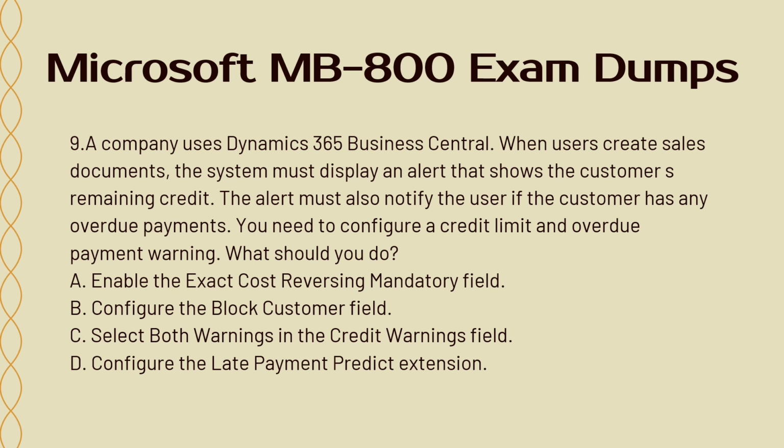What should you do? A. Enable the exact cost reversing mandatory field. B. Configure the block customer field. C. Select both warnings in the credit warnings field. D. Configure the late payment prediction extension.